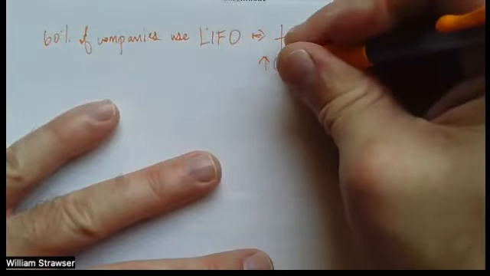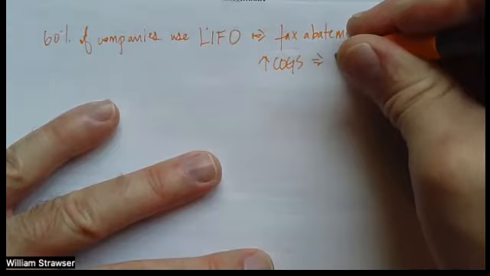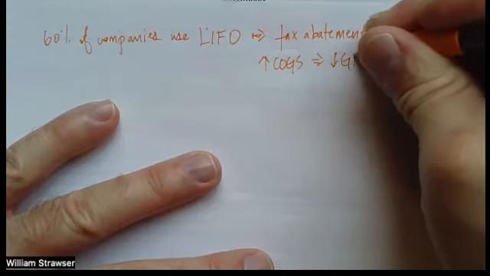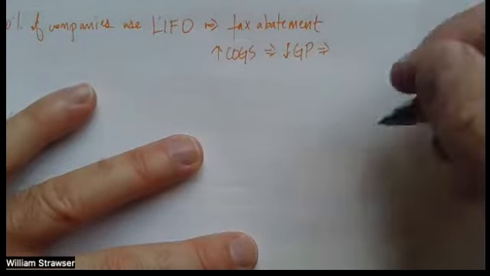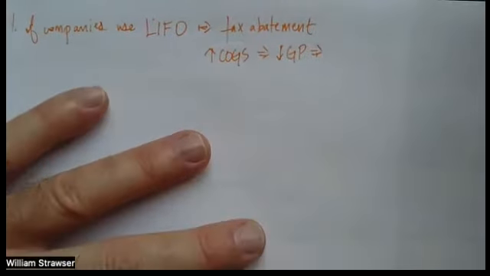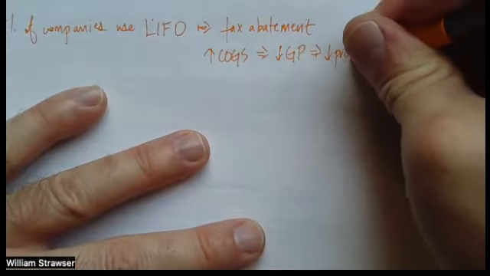Increased cost of goods sold produces lower gross profit, which if we assume the operating expenses and other income expense items are equal, gives me lower pre-tax income.